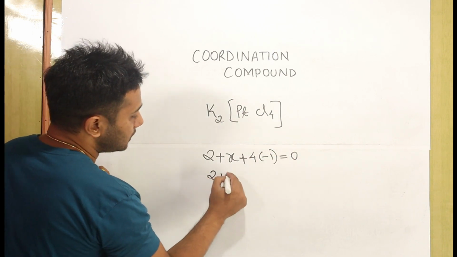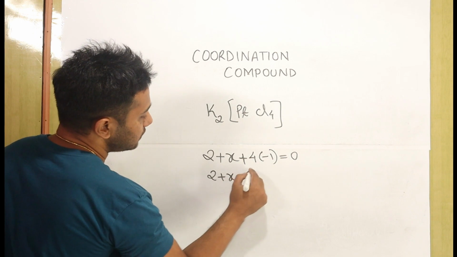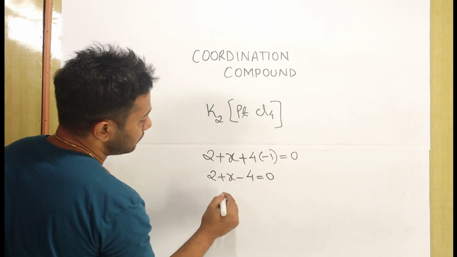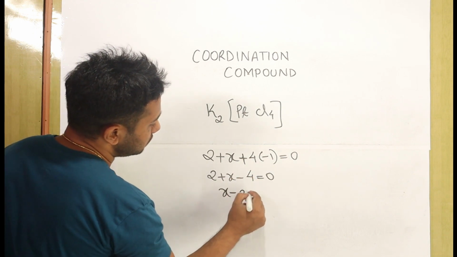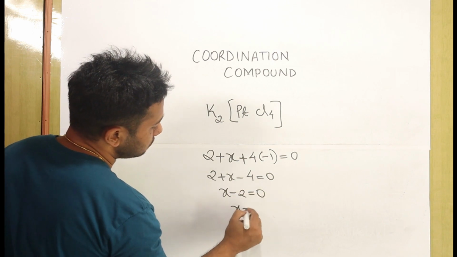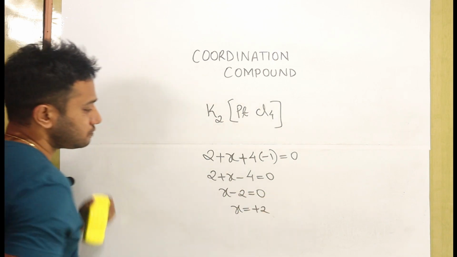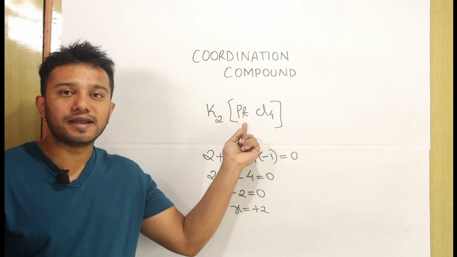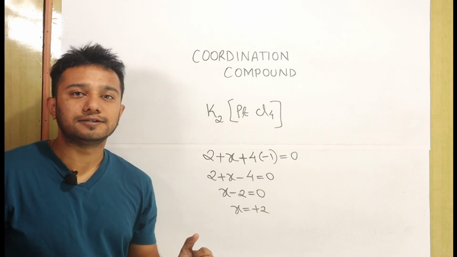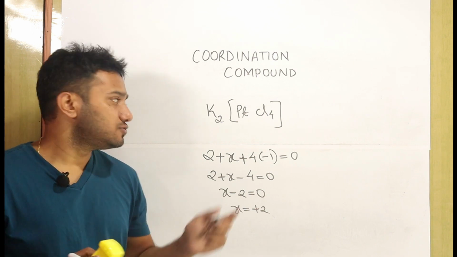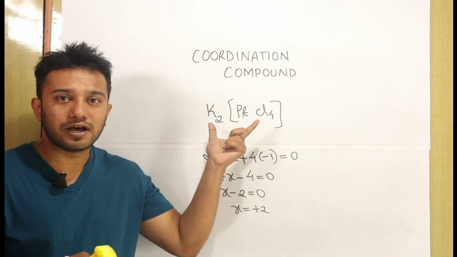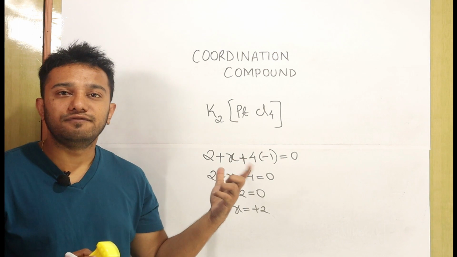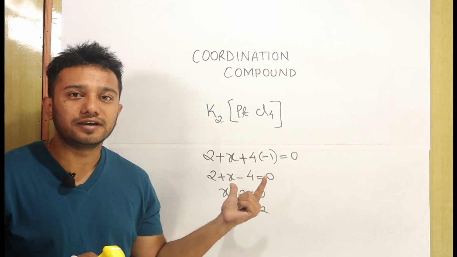So 2 plus X, 4 into -1 is -4, equals 0. So X minus 2 equals 0. We have X is equal to +2. So the oxidation state of the central metal ion platinum is +2. So it's quite easy to find the oxidation state of the metal ions. You just need to know the values of the ligands here.